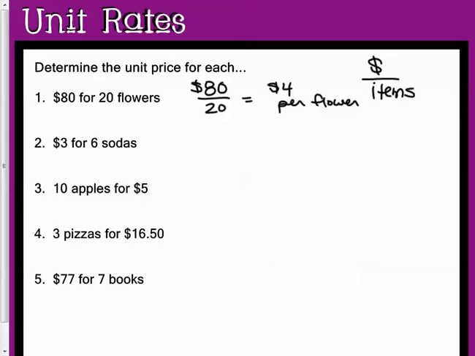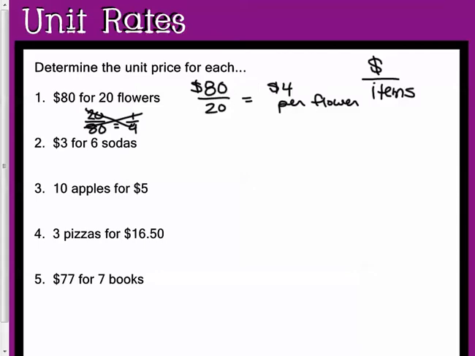And 25 cents, where am I getting that? Because 20 divided by 80 is 1/4, right? And we know if we took 25 cents times 20, that would only be $5. Is that the true statement? No, because 20 flowers cost $80. So it's always the money over items.